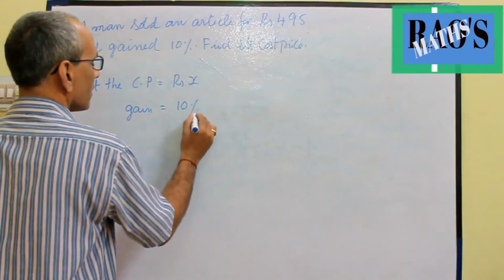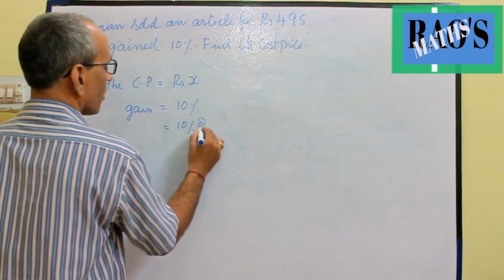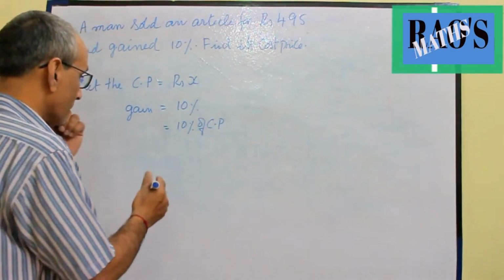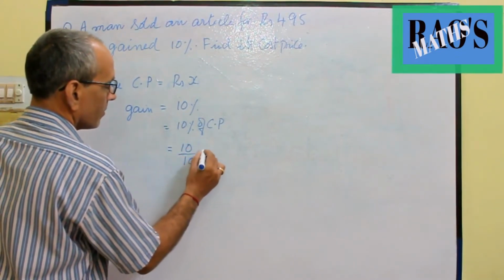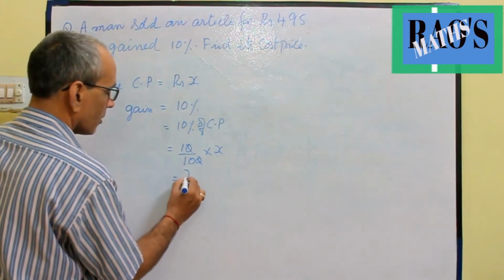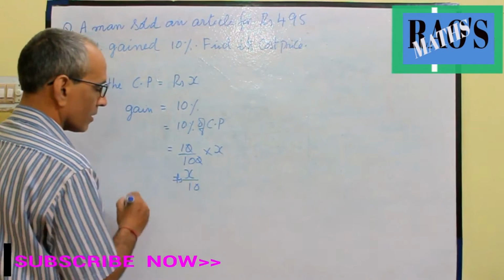Gain is 10%. So it is 10% of cost price is his gain. Let me calculate. So it is 10 by 100 into X. So he got X by 10 rupees profit.